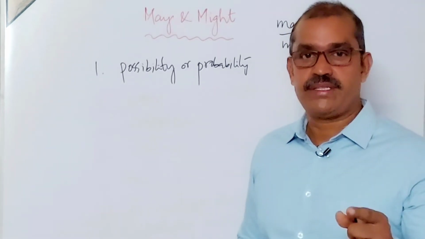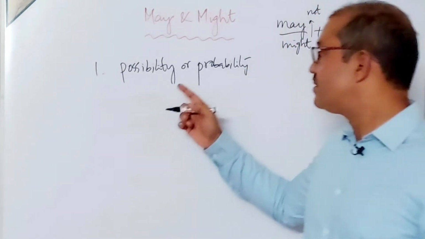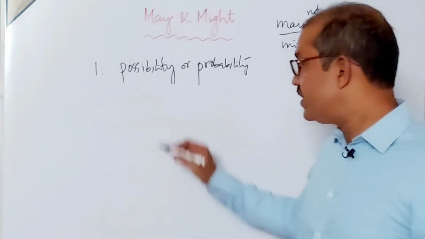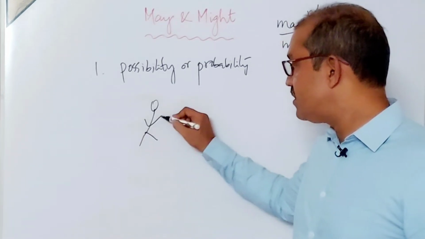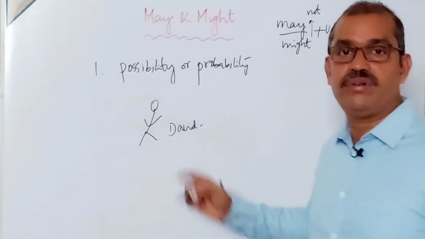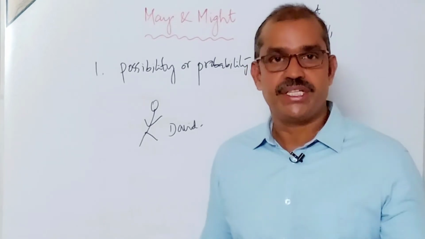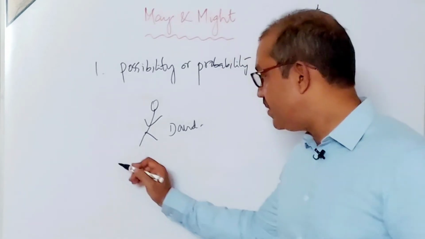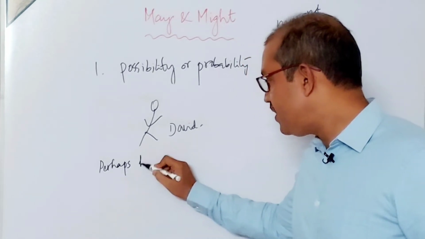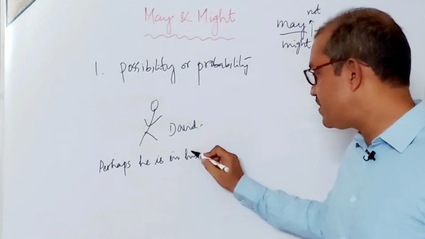Friends, if you go through some examples, we can understand how to use may or might to express possibility or probability. Look at this. This is David. Actually, you are looking for him, but nobody is sure where he is. Then you get some suggestions from others like perhaps he is in his office.